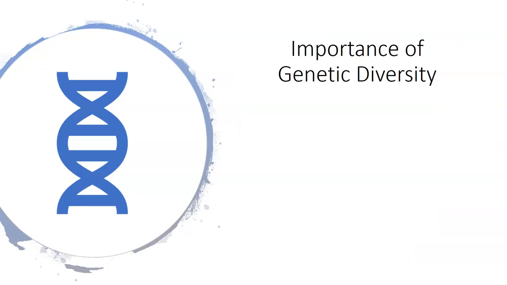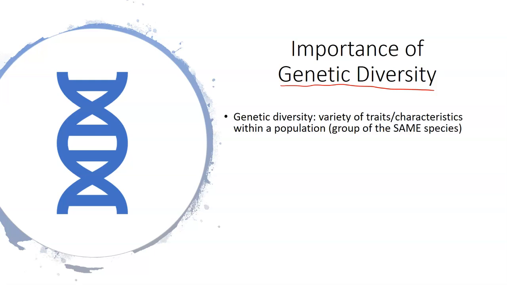Right. Now, genetic diversity, this is going to become an important topic several times this year, especially in agriculture. But genetic diversity is referring to the variety of traits or characteristics, again, this idea of variety, within a population. The population, as we call it, is a group of the same species, right? So if I have a population of humans, all right, so this is something we can all understand well.